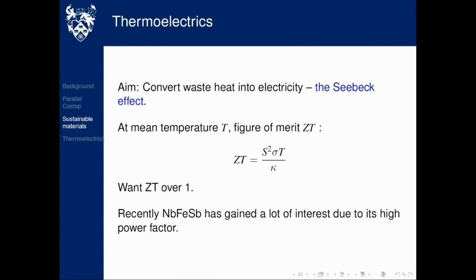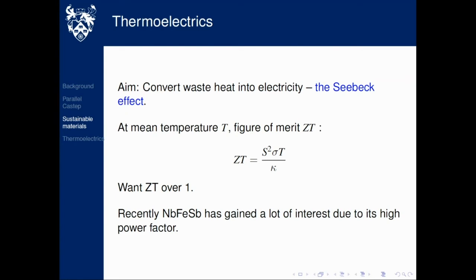The important thing to notice is that it's computable. There's a figure of merit to say how good a material is. It's called ZT. And basically, if it's under 1, it's not interesting. If it's over 1, it's useful, and the higher the better.